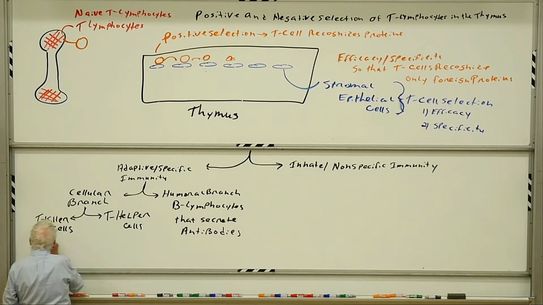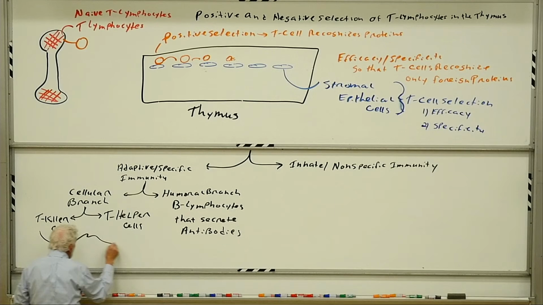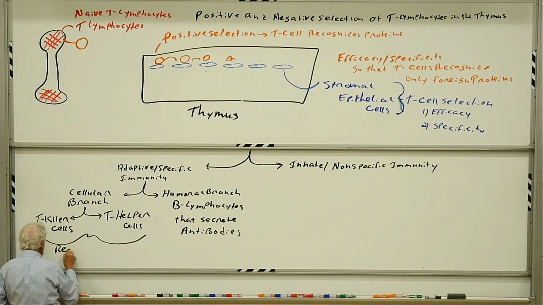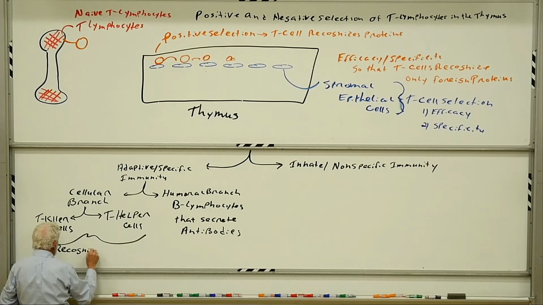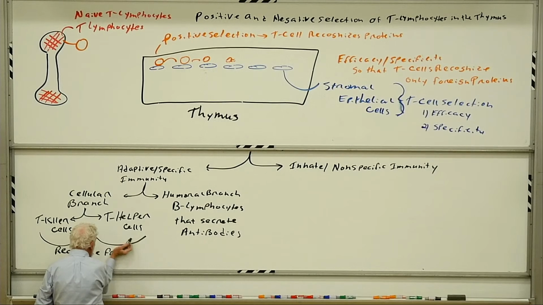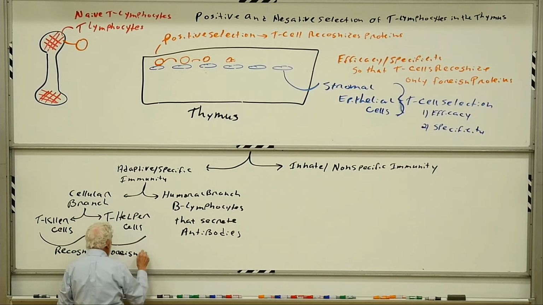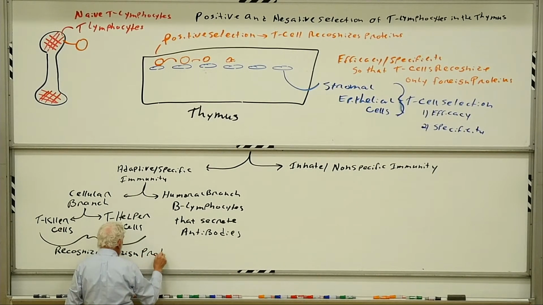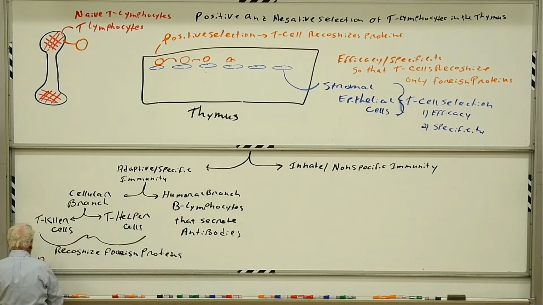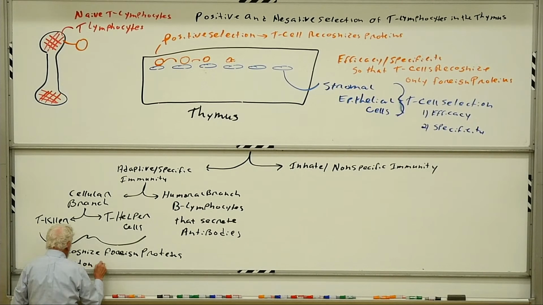Whether we're dealing with T helper cells or T killer cells, these cells recognize foreign proteins displayed on other cells.